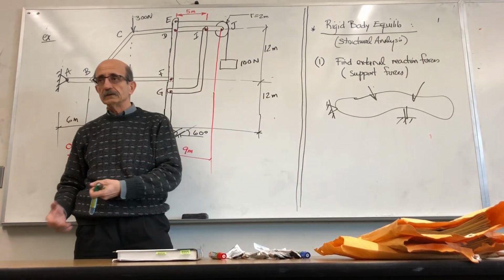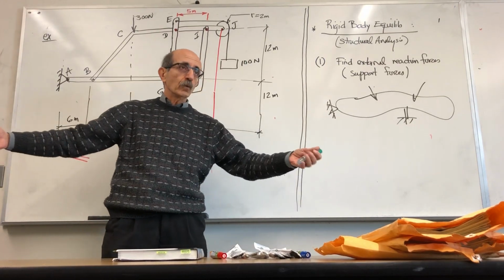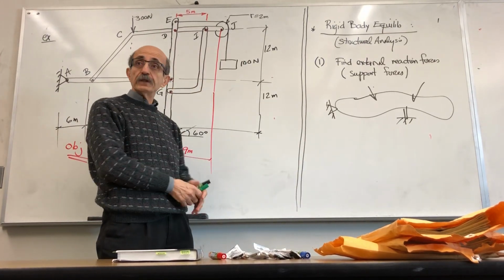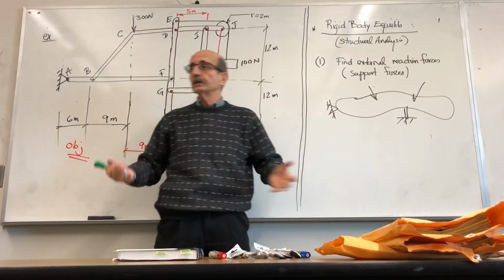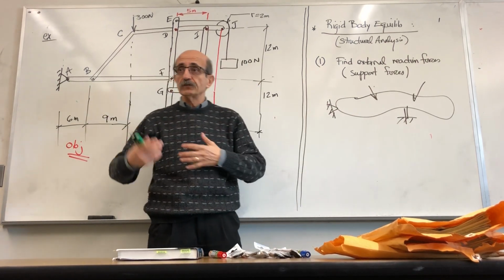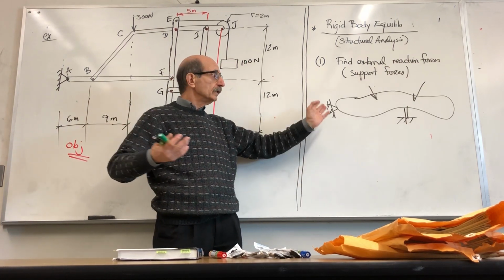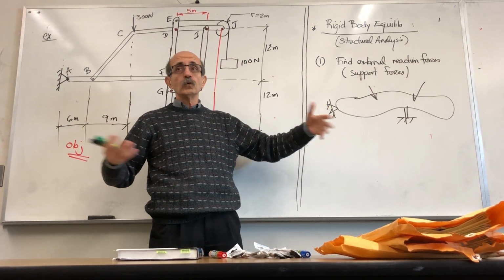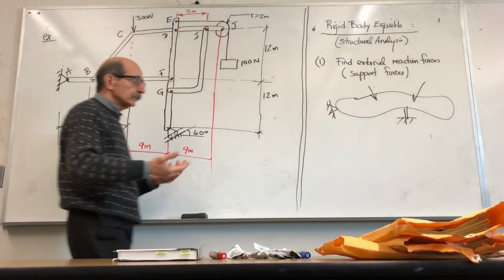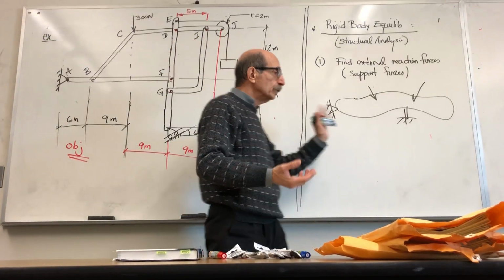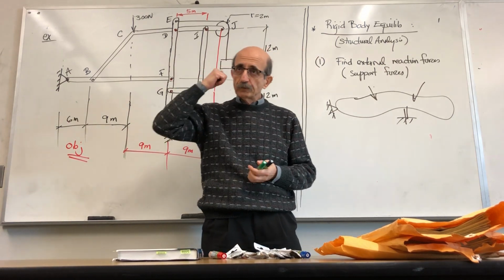We learn how to do that by cutting the supports away and replacing them with equivalent unknown forces. Depending on the type of support, if you have a 2D structure, a roller, a pin, or a fixed support, you may have 1, 2, or 3 unknowns, right? And then we carried out the analysis by applying the equations of equilibrium to find those unknowns. So that was objective one.